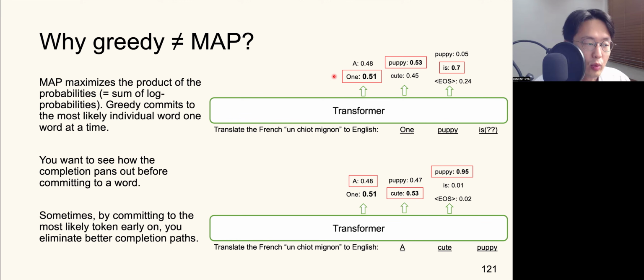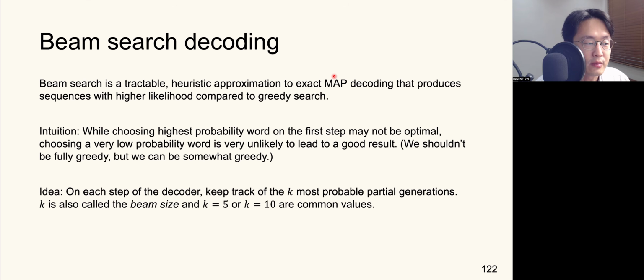Okay, so then what do we do? Well, greedy is not perfect. MAP is in principle perfect, but it's intractable. So beam search decoding is a compromise. Beam search is a tractable heuristic approximation to exact MAP decoding that produces sequences with higher likelihood compared to greedy search. The intuition is that while choosing the highest probability word on the first step may not be optimal, choosing a very low probability word is very unlikely to lead to a good result.